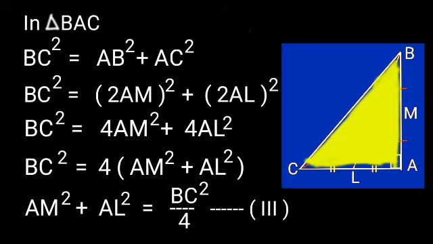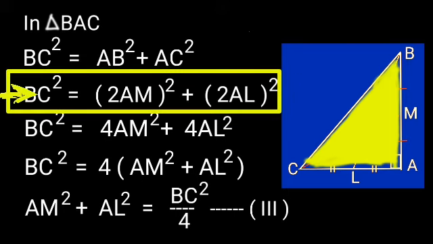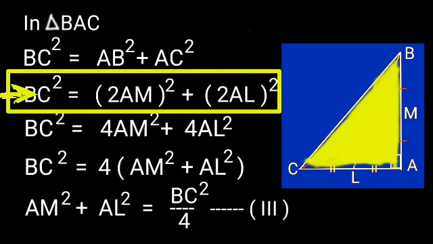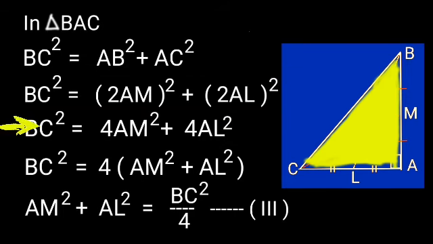Hence, BC square is equal to (2AM) square plus (2AL) square. Simplification. BC square is equal to 4 times AM square plus 4 times AL square. 4 is common. Hence, BC square is equal to 4 times (AM square plus AL square).